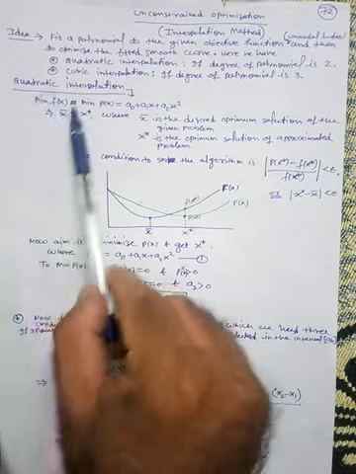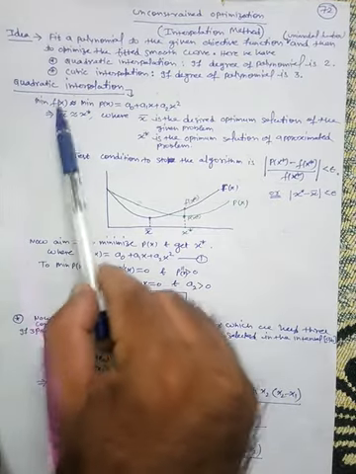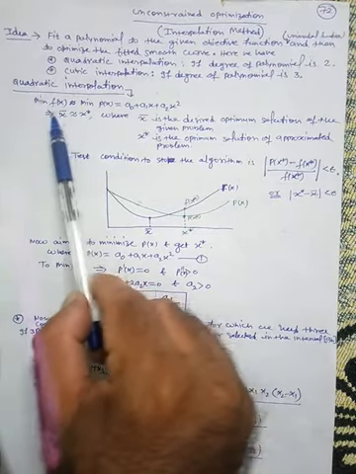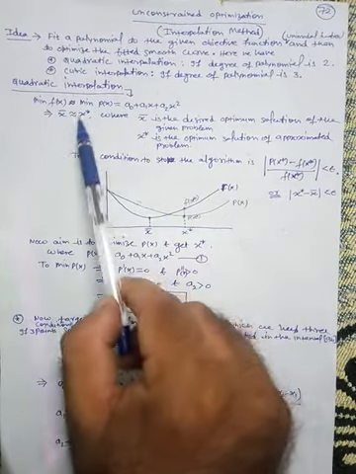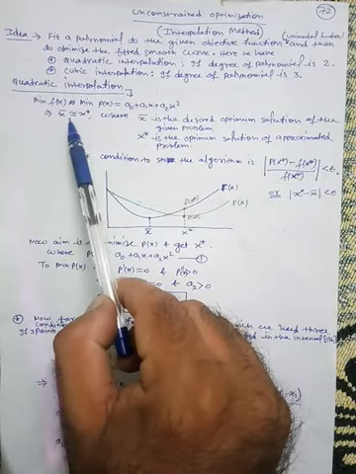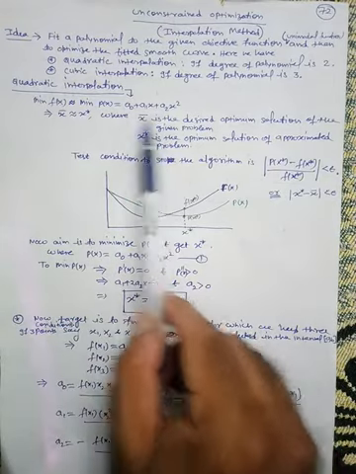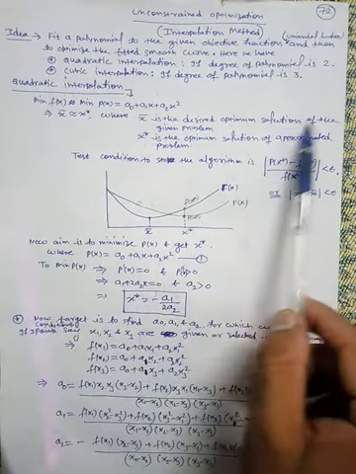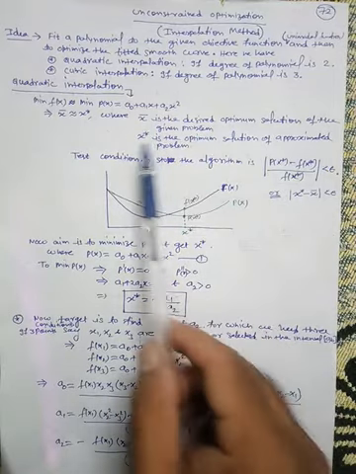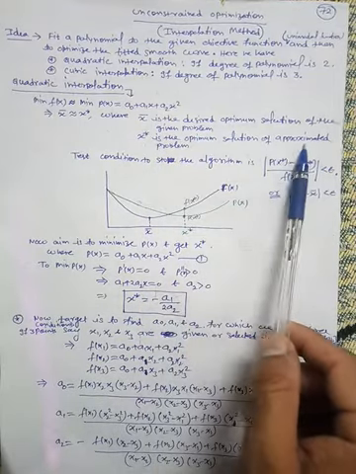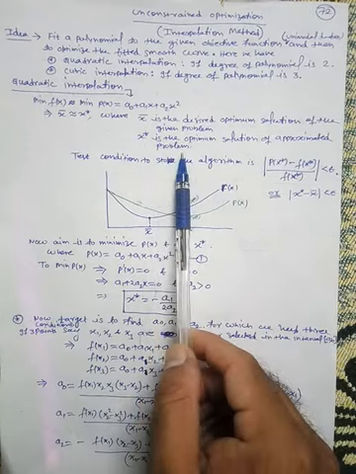Now this is the actual problem, and this is the approximated problem. The optimum solution of the actual problem is denoted by x bar, and the solution of the approximated problem is denoted by x star. Here x bar is the desired optimum solution of the actual problem, and x star is the optimum solution of the approximated problem.